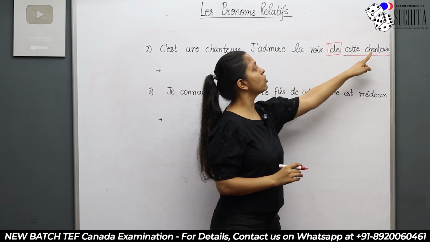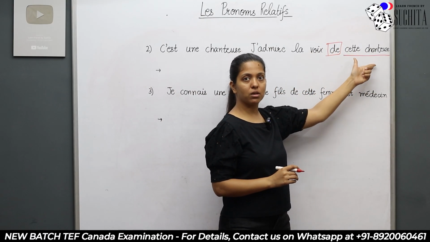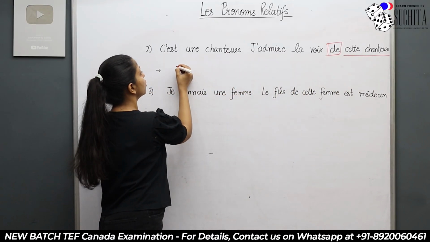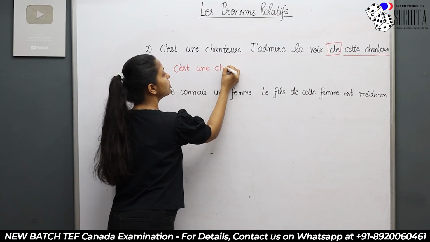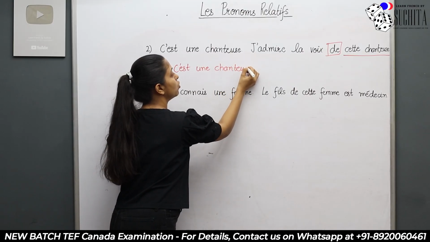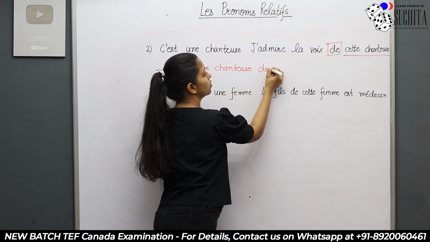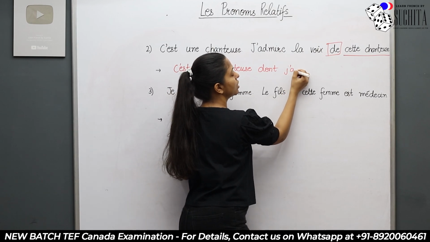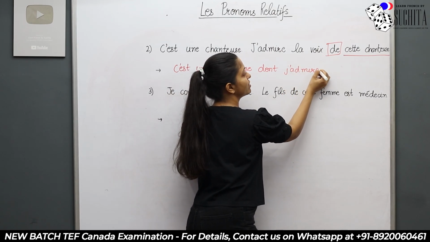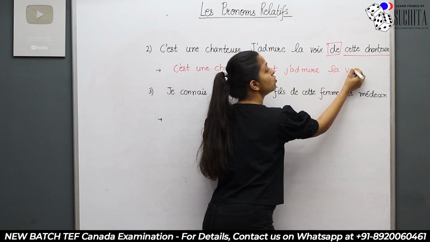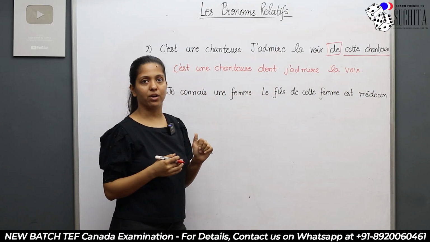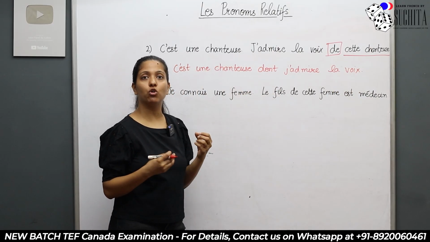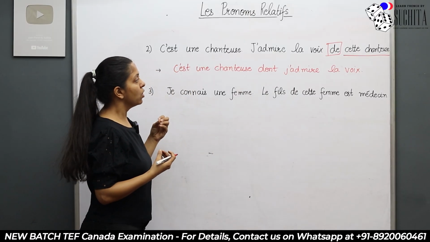So if you want to avoid this combination, "de" plus repetition, you will use dont. So c'est une chanteuse dont j'admire la voix. So it's like, this is a singer whose voice I admire. So here it is taking the meaning of "whose".